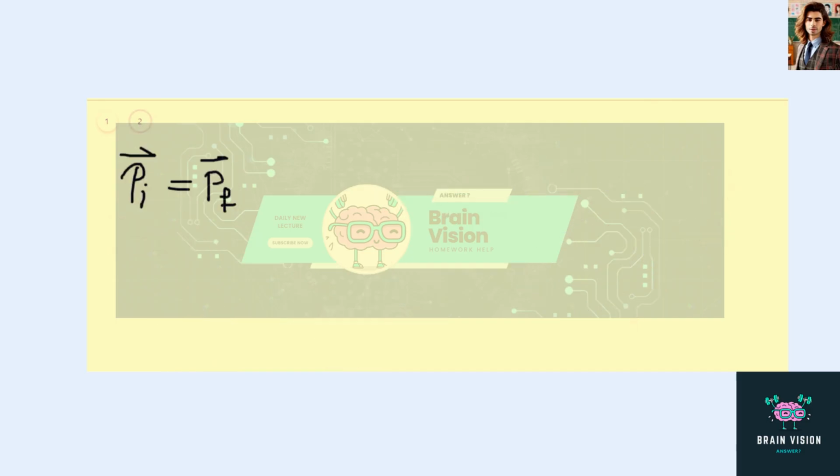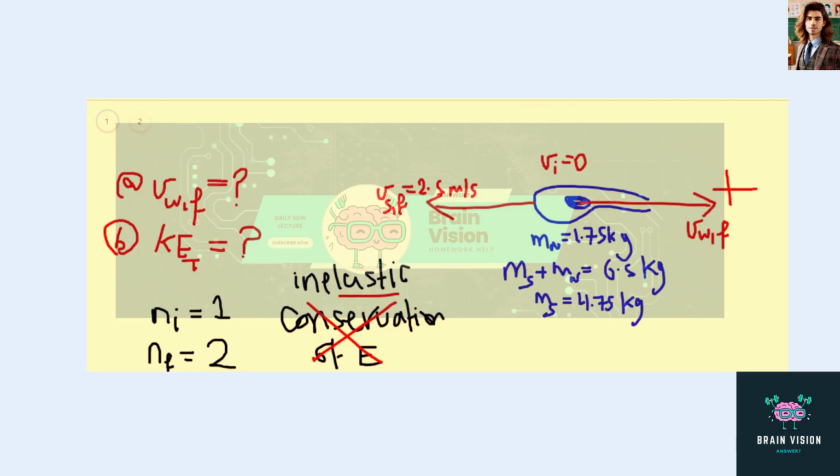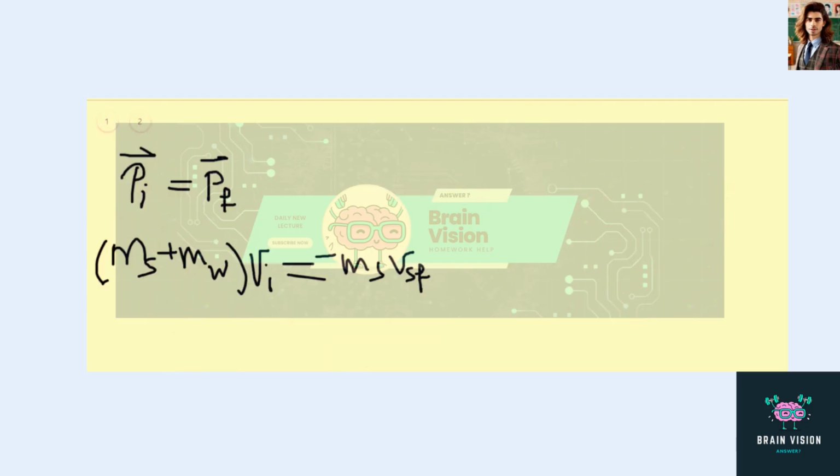So initially, I have the squid, m squid plus m water. They are one object moving with the same speed, the initial speed. Yes, I know it's 0 for this problem, but I will write it to begin with. That equals the mass of the squid times the speed of the squid final, and we know it's going in the opposite direction of my positive, so it's going to be a negative value here, plus the mass of water times v water final.